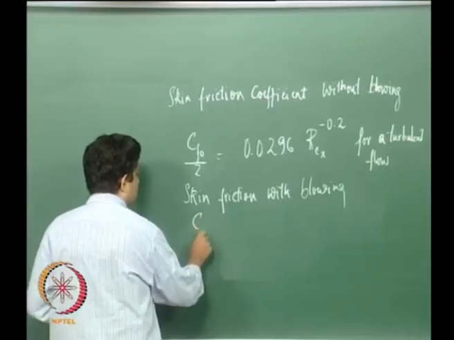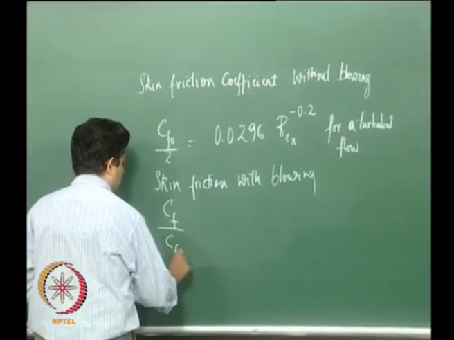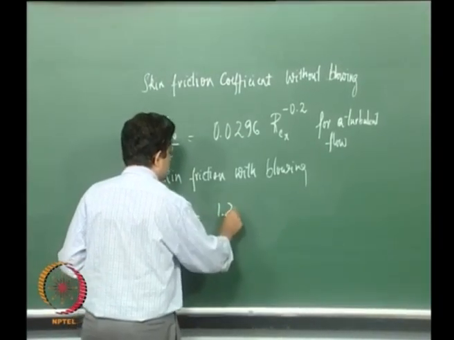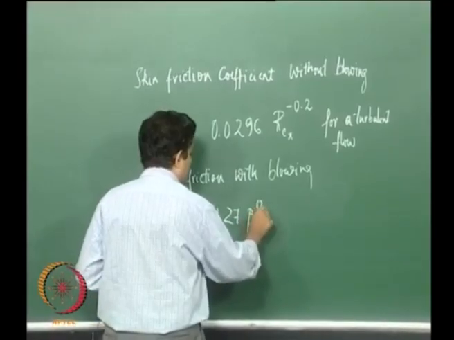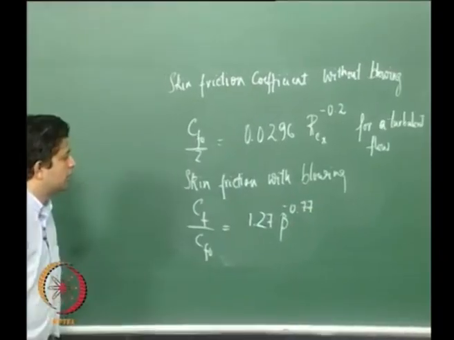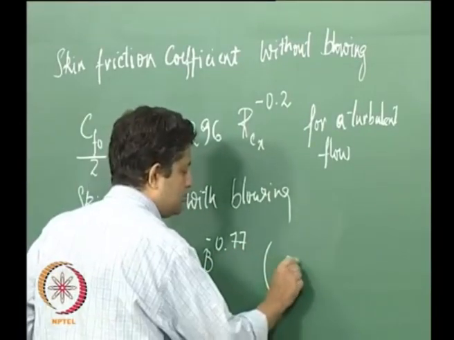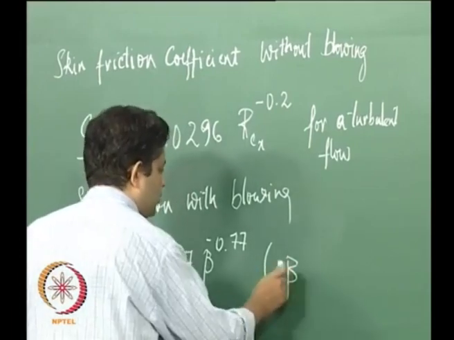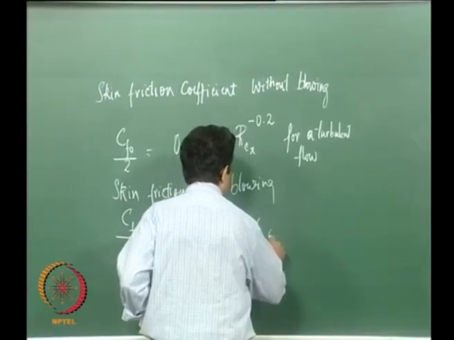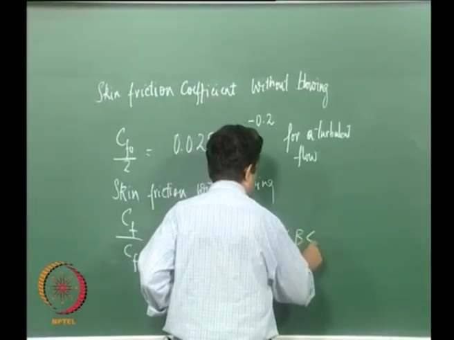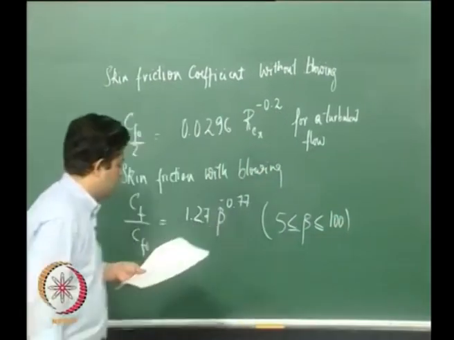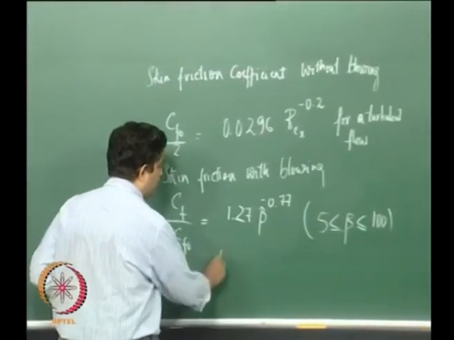And it can be given as Cf by Cf naught, where beta varies from 5 less than half. Okay, beta is nothing but the blowing coefficient.